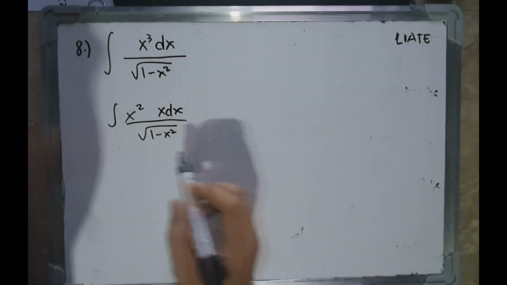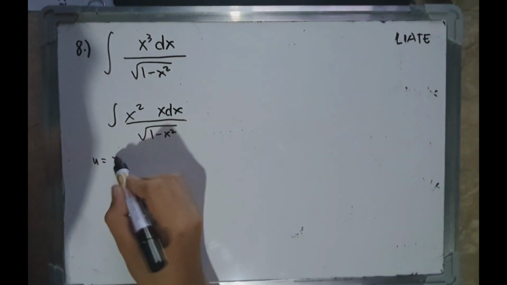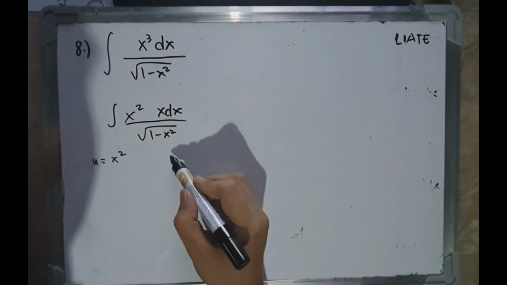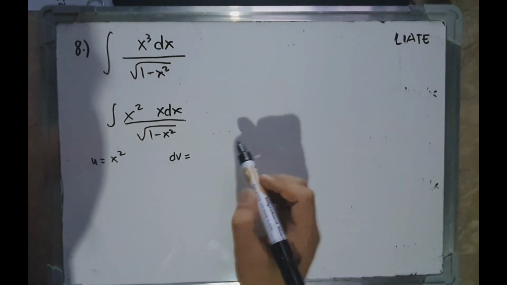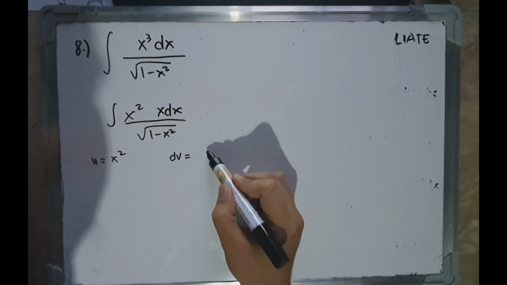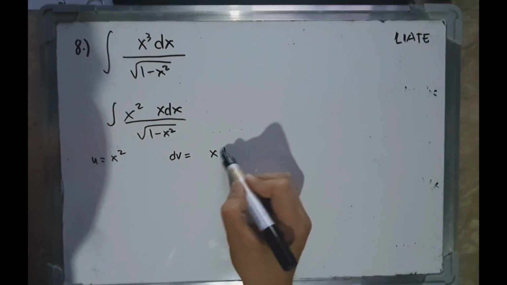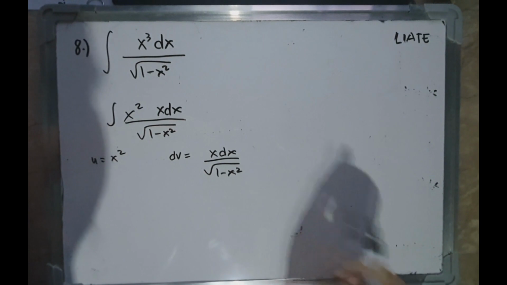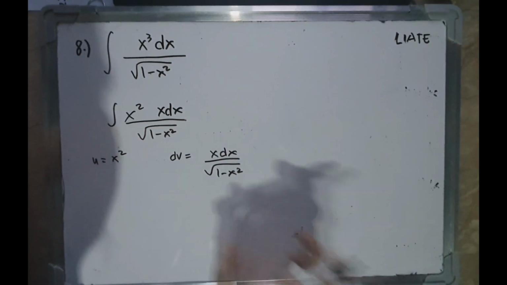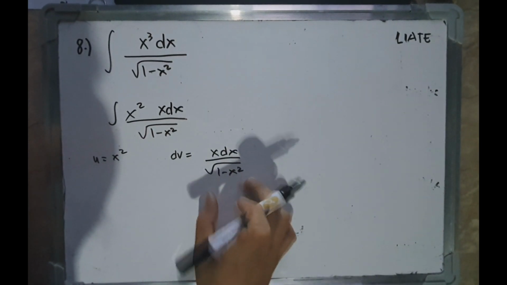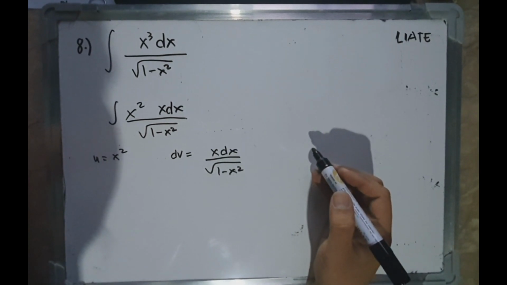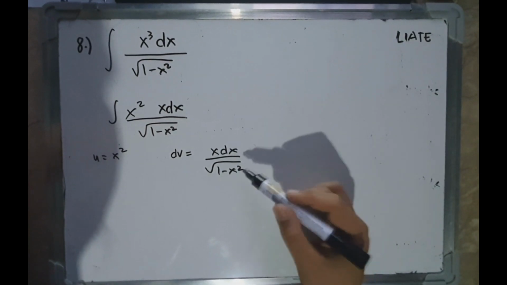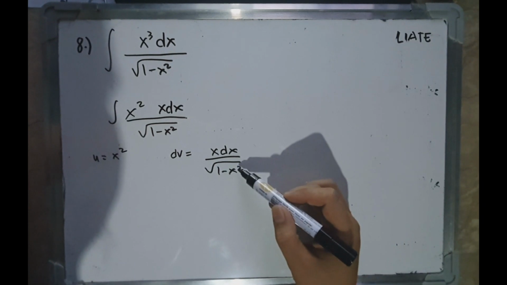Okay, so we assign x squared as the u, the dv, which is x dx over the square root of 1 minus x squared. Okay, solving this one. So we will be needing negative 2.